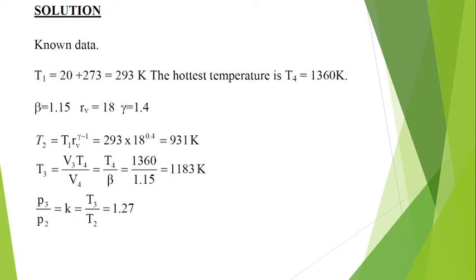T3 is T4 divided by the cutoff ratio, which is 1360 divided by 1.15. And then you have the answer for T3, which is 1183 Kelvin.